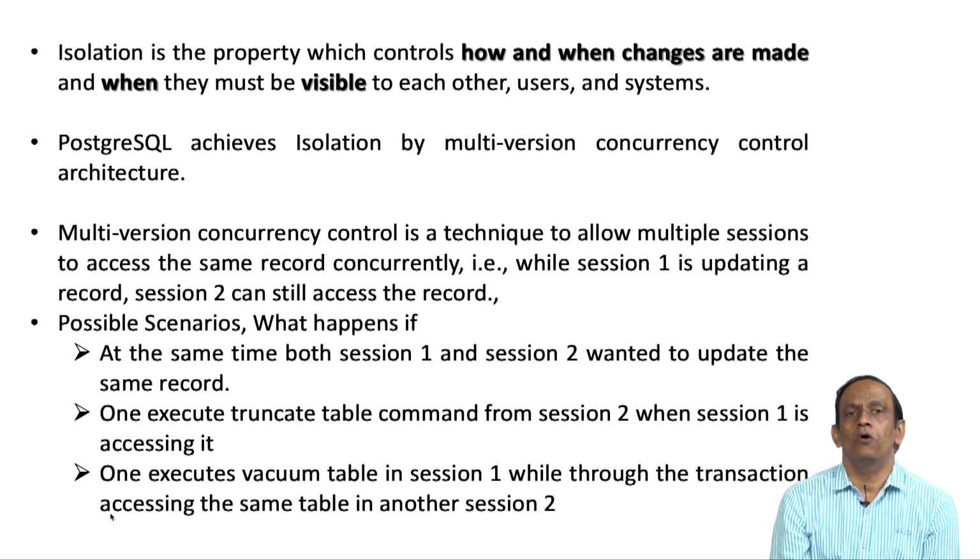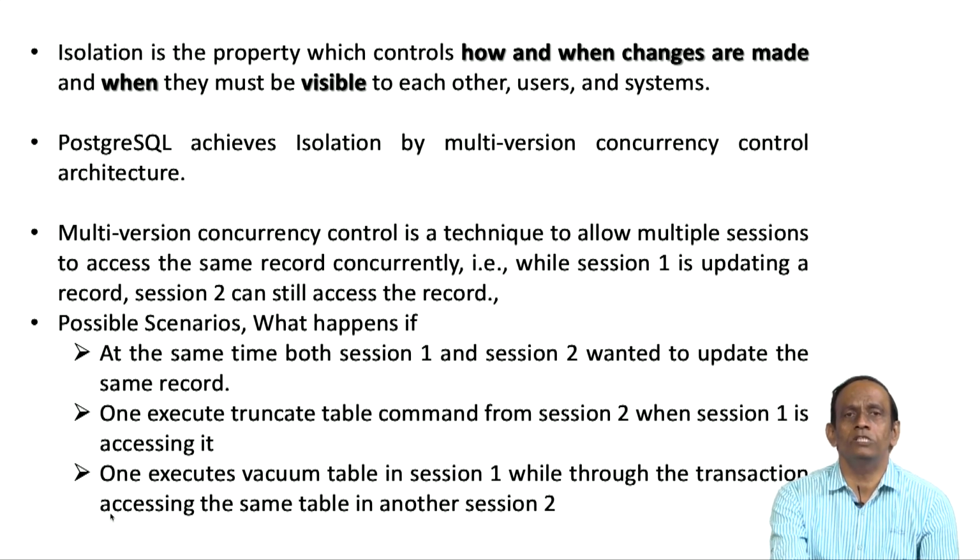Second, one executes the truncate table command from session 2 when session 1 is accessing that table. And third, one executes vacuum table in session 1 while, through a transaction, another session, that means session 2, is accessing the same table.